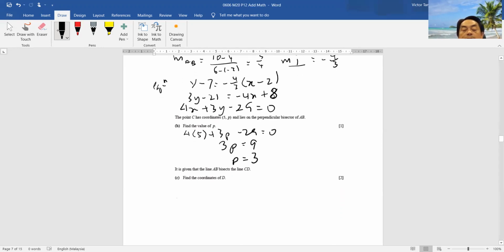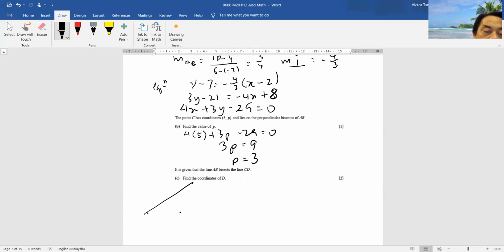It's given that the line AB bisects the line CD. Let's draw AB and CD. So the midpoint here, which is 2, 7, will also be the midpoint of CD. So D, let's put the coordinates as x, y. C is the coordinate 5, 3.